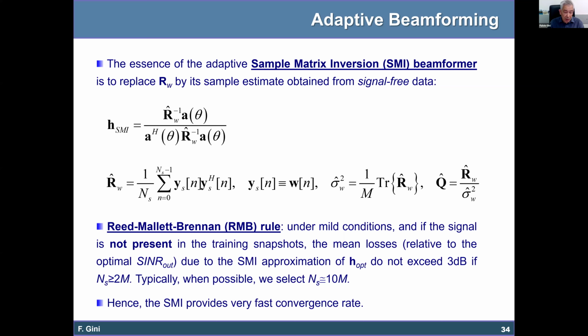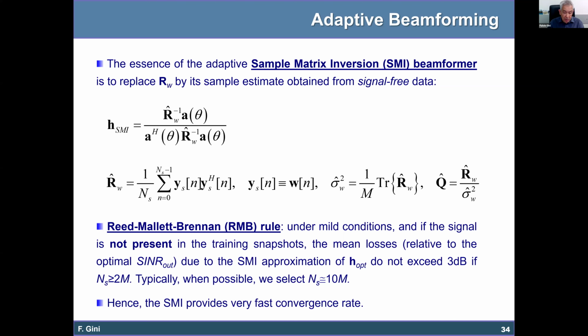Sometimes it's possible to collect more secondary data vectors than 2M, and a typical value that we try to achieve whenever it is possible is N_S on the order of 10 times M. So if N_S is on the order of 10 times M, the loss is negligible. Otherwise, it depends on how many data we can process to estimate the covariance matrix.